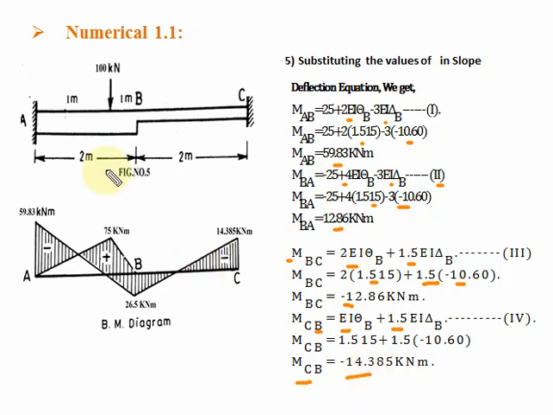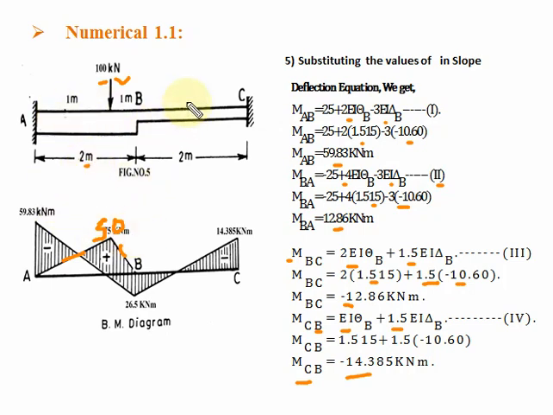Now draw the bending moment diagram. For a point load, the free bending moment diagram is triangular. So WL by 4 is equal to 50 kilonewton meter: W is 100, length is 2, divided by 4 gives 50 kilonewton meter.